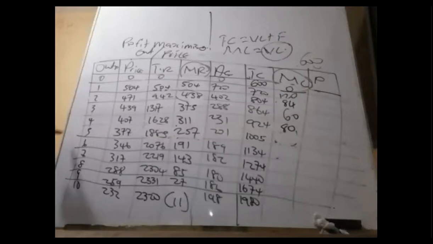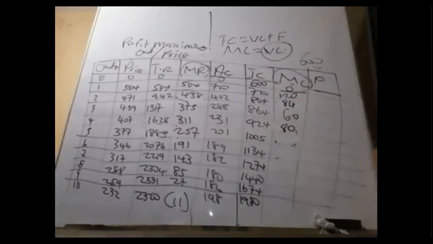The 4 is 60, not 80. Okay, in fact, I'll take that. 924 less the 864.